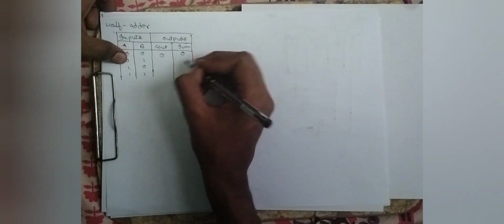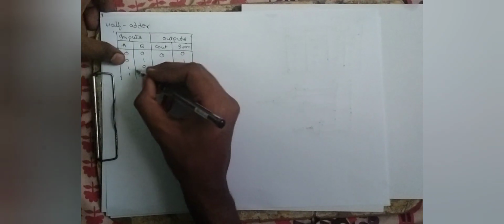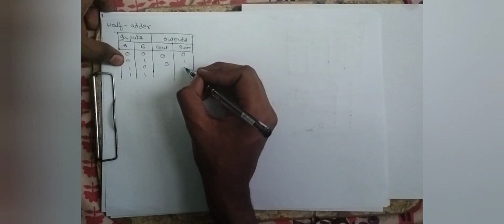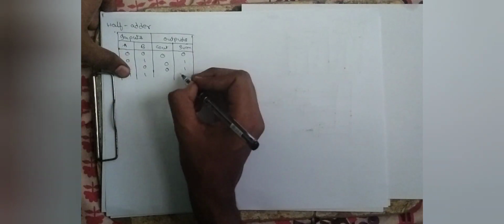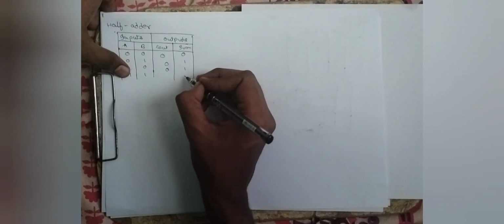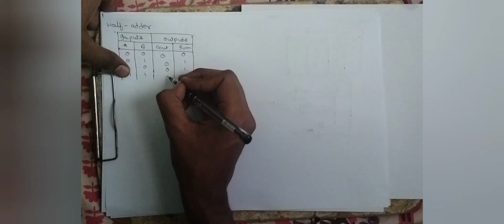When we add 0 and 0, sum becomes 0 and carry out becomes 0. When we add 0 and 1, sum becomes 1 and carry out becomes 0. When we add 1 and 0, this is the same: sum becomes 1 and carry out becomes 0. When we add 1 and 1, sum becomes 0, carry out becomes 1.